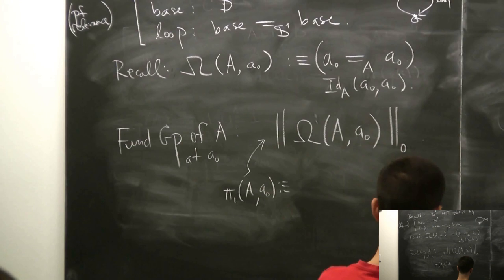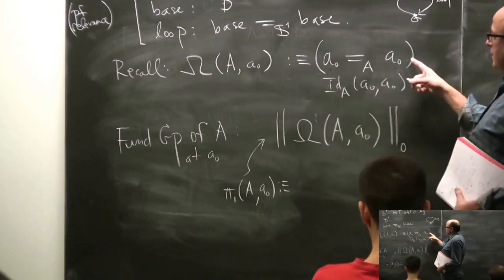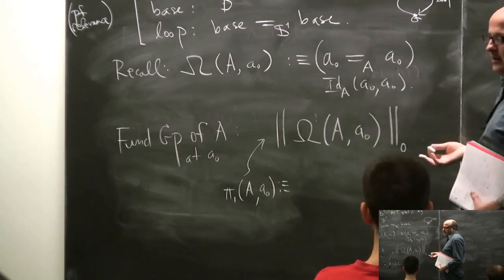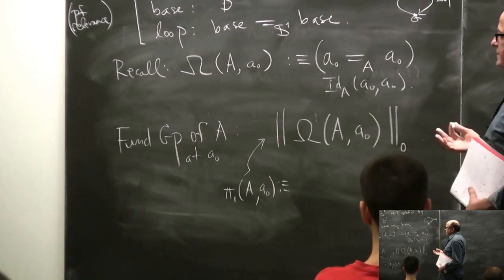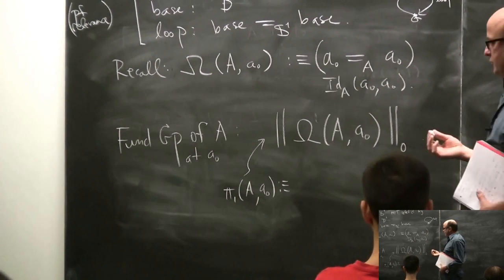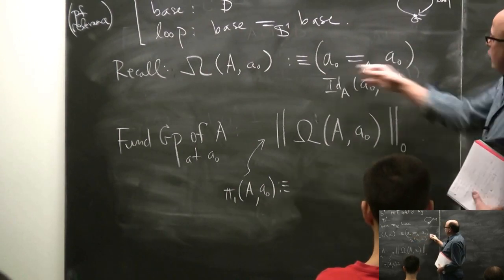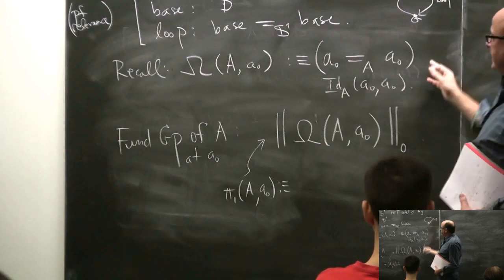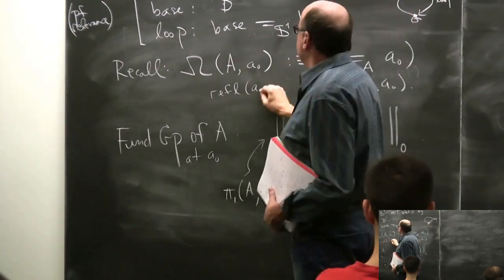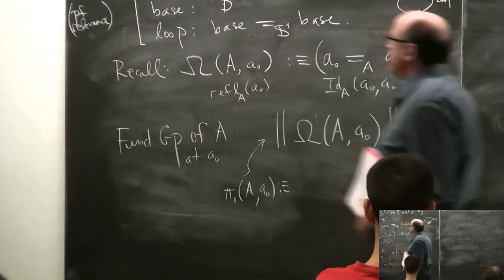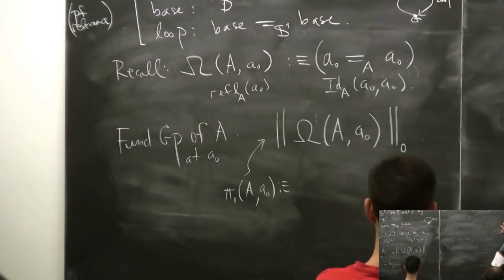So the important thing is that we know in general that any type, including the loop space, is going to be an infinity groupoid. Okay, so that's the first thing. This is going to be a pointed type, because we can think of it as having refl A0 as its base point.